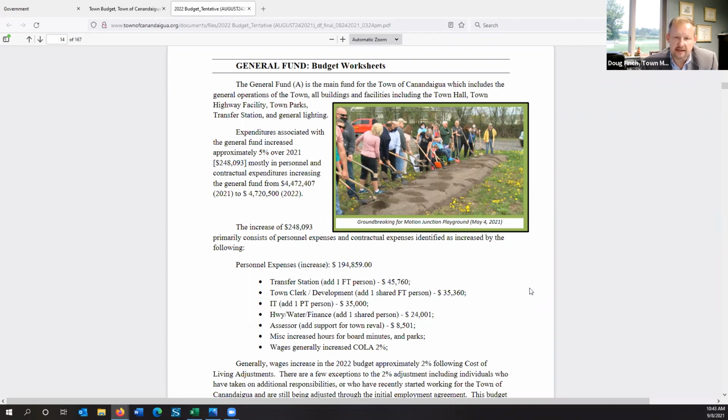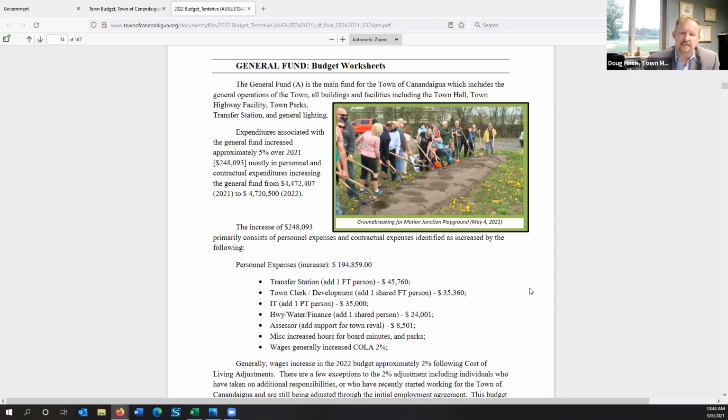And you can see here that the 22 budget does propose an increase in expenditures of about $248,000, with those mostly making up contractual and personnel expenditure increases.